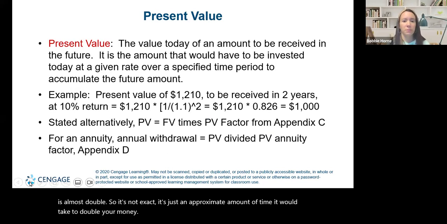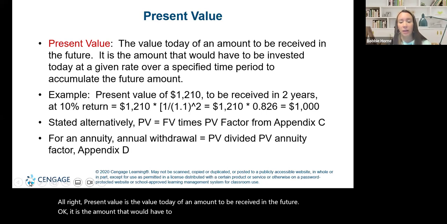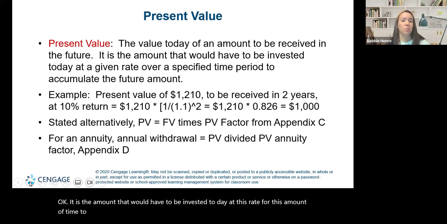All right. Present value is the value today of an amount to be received in the future. Okay. It is the amount that would have to be invested today at this rate for this amount of time to get me to some future amount.